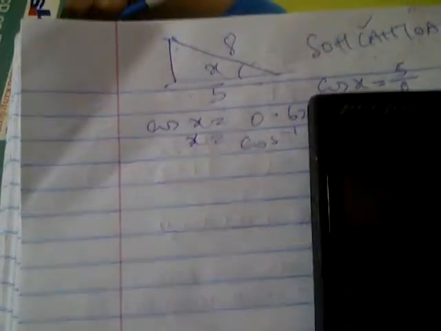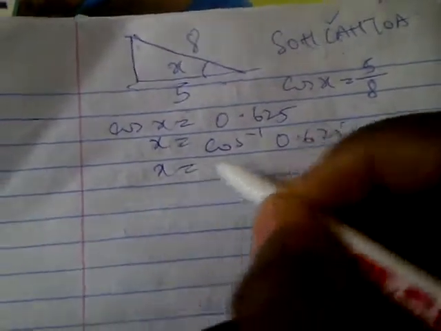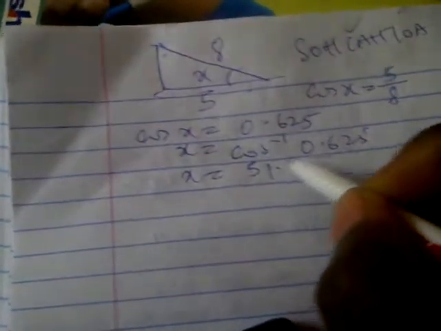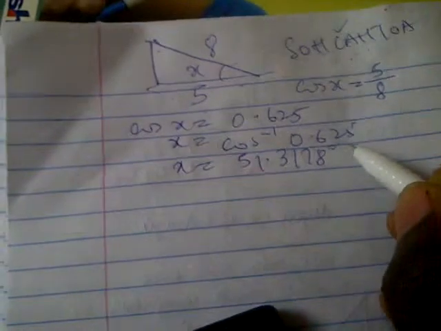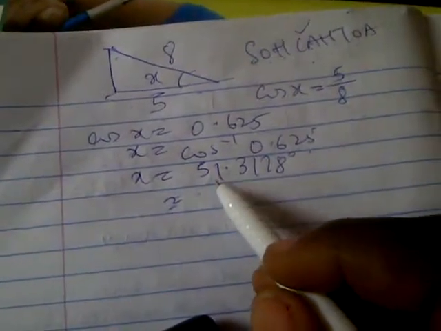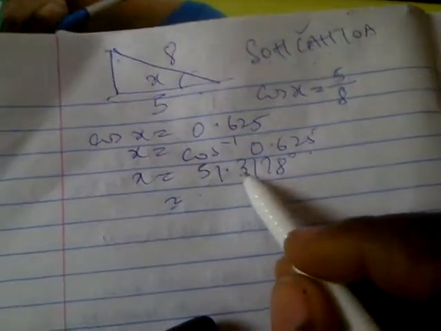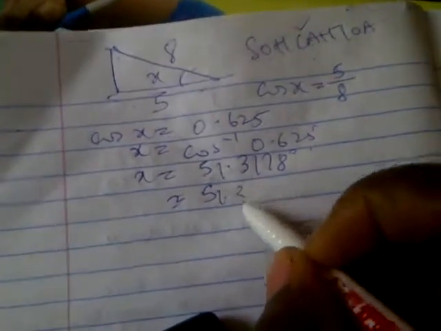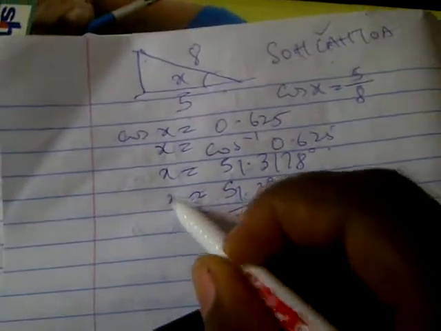How do you do cos inverse? You press shift and press cos, and cos inverse automatically shows. Then x is 51.3178 degrees, and we're asked to calculate it to 3 significant figures. That's 1, 2, 3. So it's going to be 51.3 degrees, and that's your x.